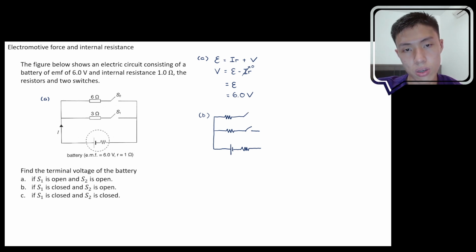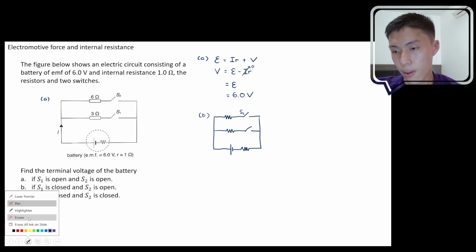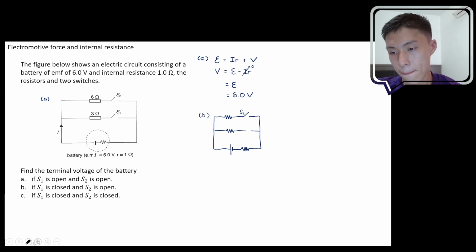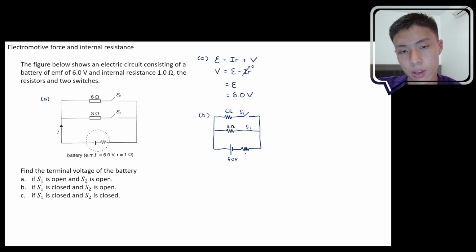So S2 here has to be open. It is S1 that needs to be closed. Okay, so 6 ohm, 3 ohm, S1, 6.0 for EMF, 1 ohm for internal resistance. Okay, let's enclose our battery.